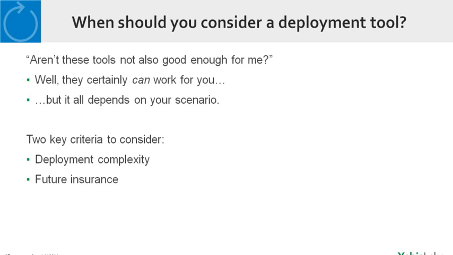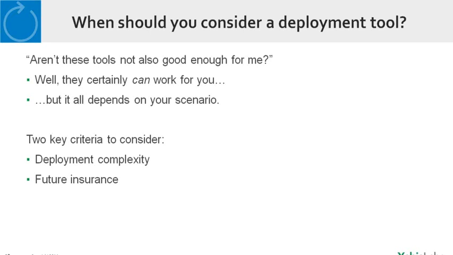And I think the answer to the question of whether these tools can solve the problem is, well, of course they can in certain contexts, and with certain restrictions or certain compromises that you're willing to make. Because fundamentally, all these tools ultimately will allow you to run stuff on machines.